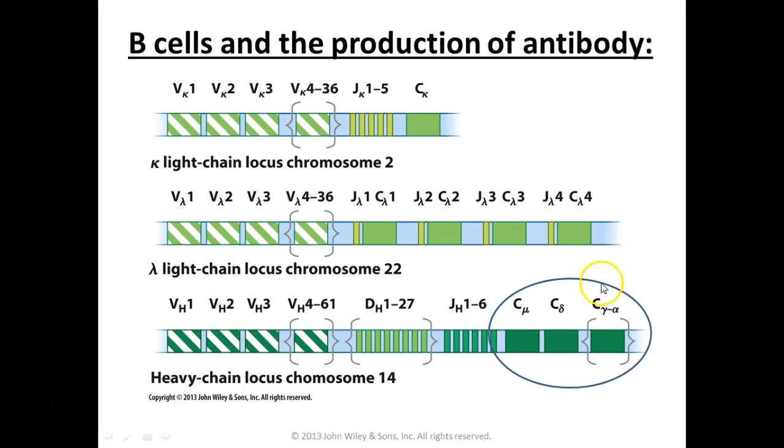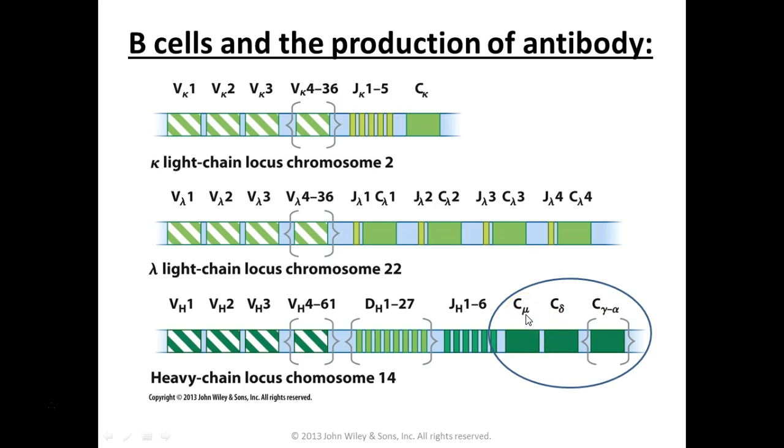For the heavy chain, as Lance pointed out, part of their constant region makes up that Fc portion and is the portion that interacts with the immune system. There are 5 different classes of antibodies, although we're only going to focus in on 4 of them. These classes are determined by which portion of the DNA they use to make which constant region for their heavy chains.